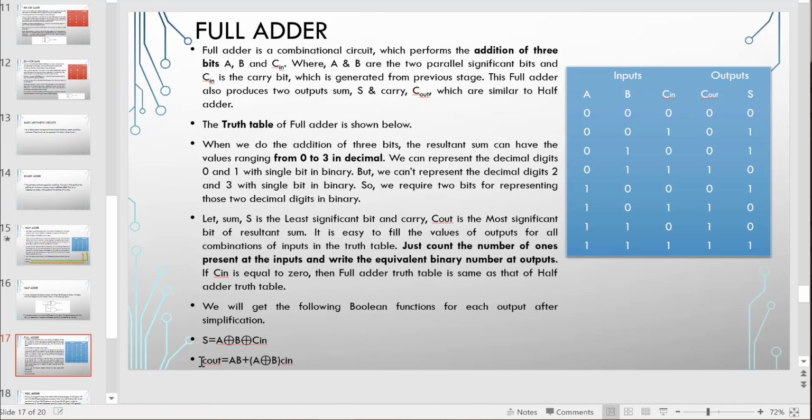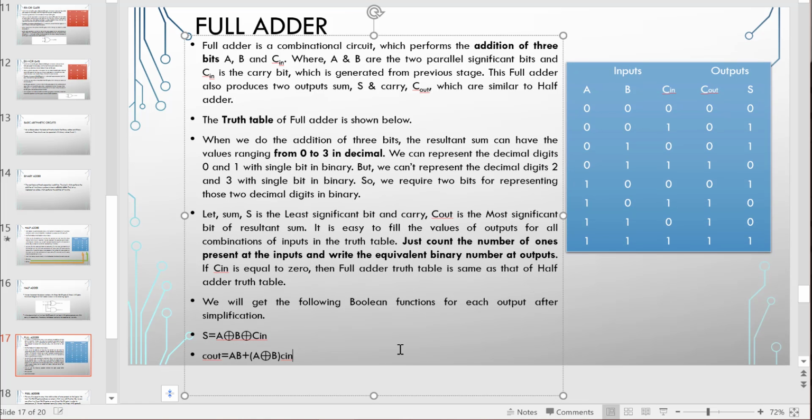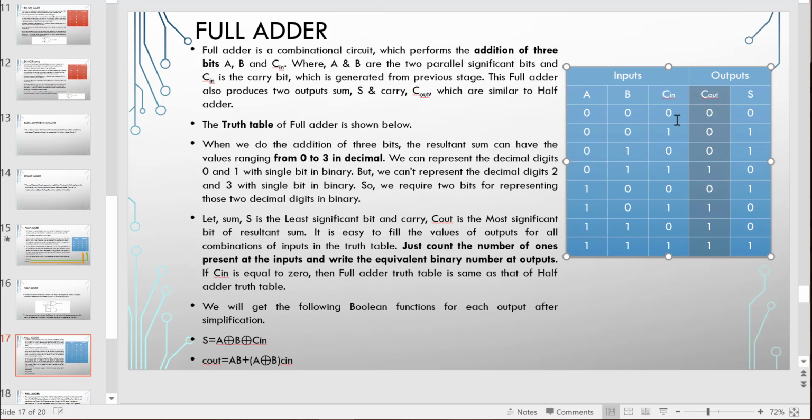Now we will see the expression for C out, right? So first of all, we will look at AB. If there are 0 0, then you have 0. If there is 1 in either case, you have 0.